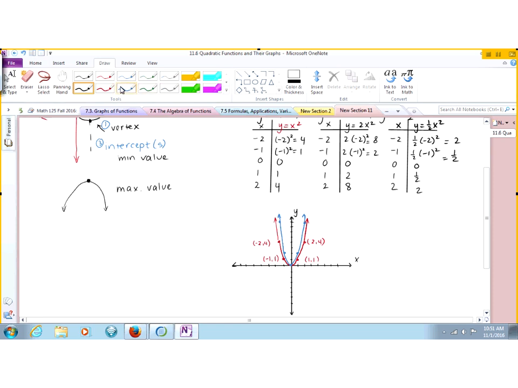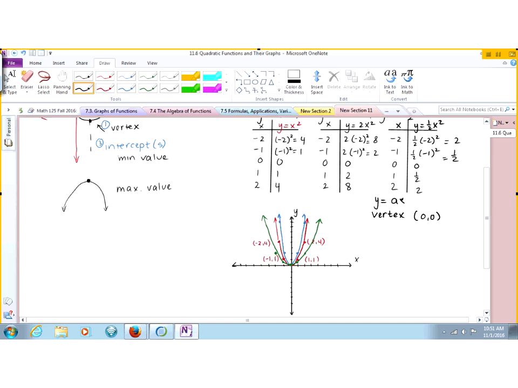So negative 2, comma 2 is right here, and then negative 1, comma half is right here, and 2, comma 2 is right here, so it's wider. It still touches 0, 0. All right. Yes. So what is the vertex? 0, 0.